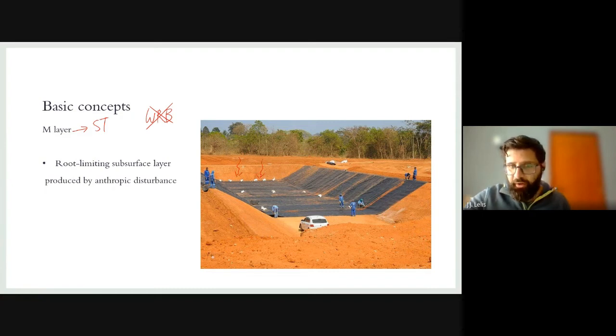It can be asphalt, rubber, plastic, a gel membrane, any kind of layer that I put in the subsurface of the soil and that doesn't allow the growing of roots. Okay?